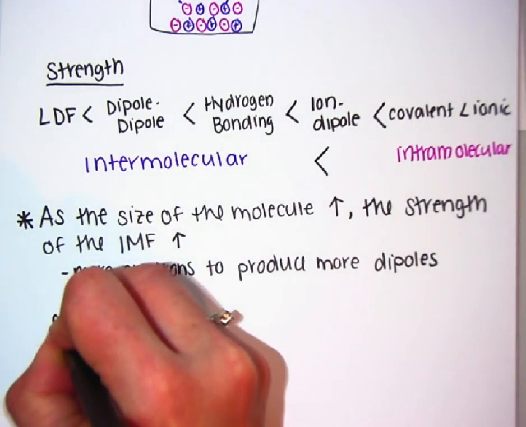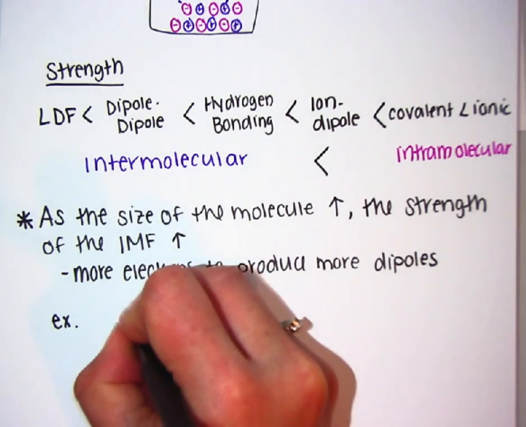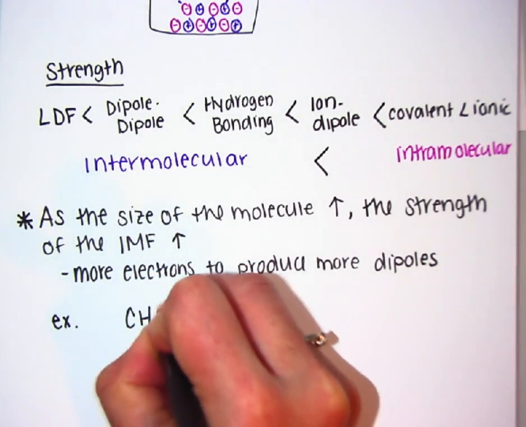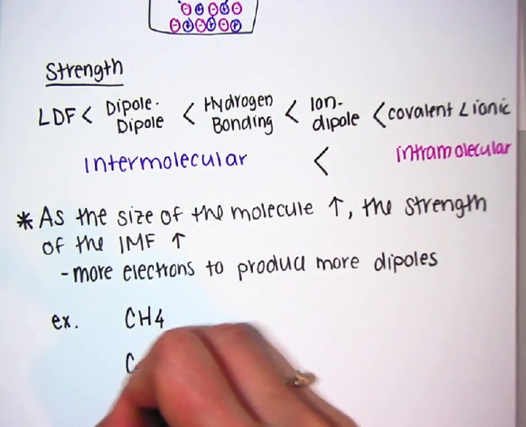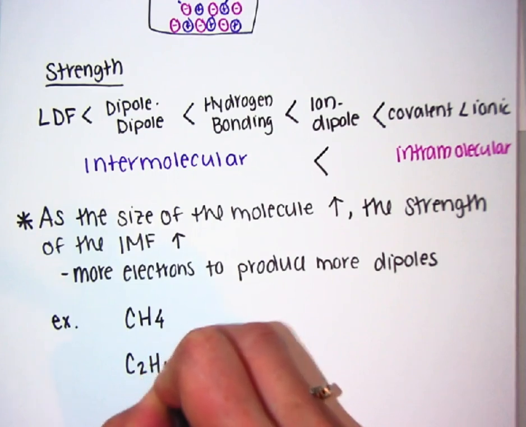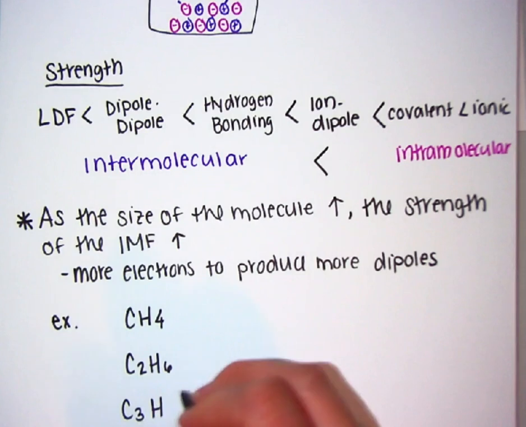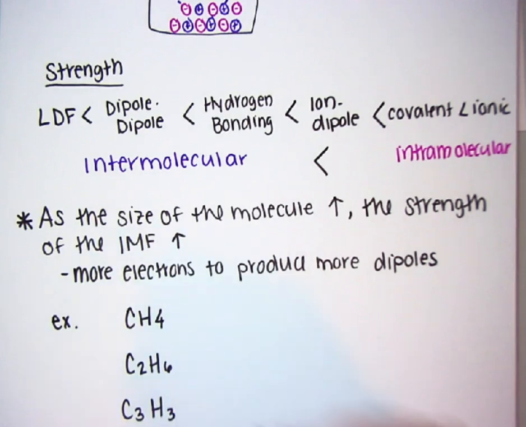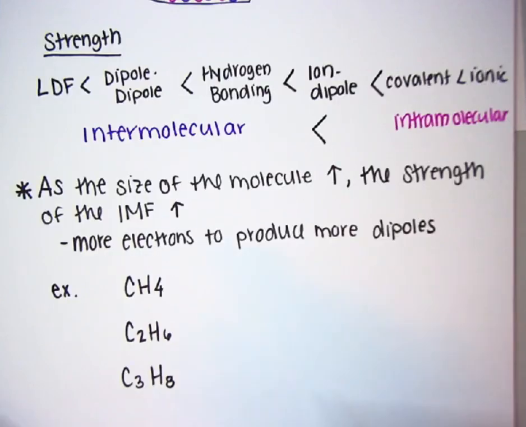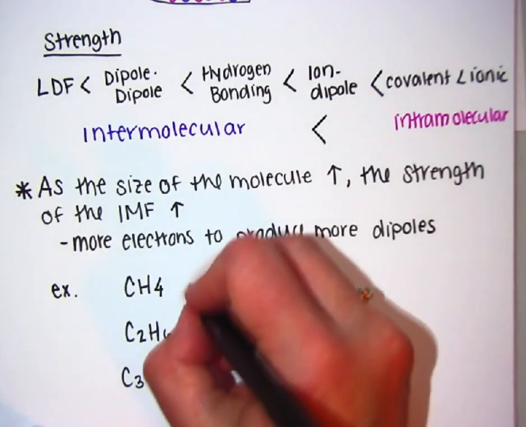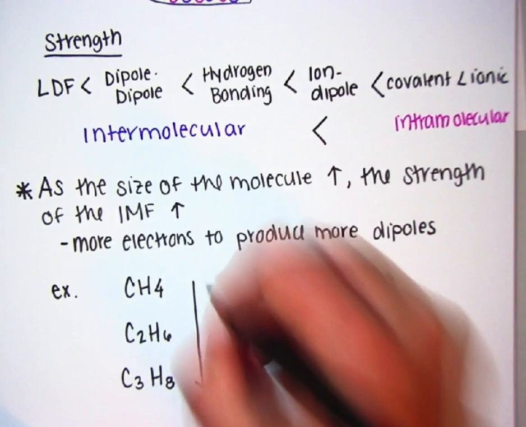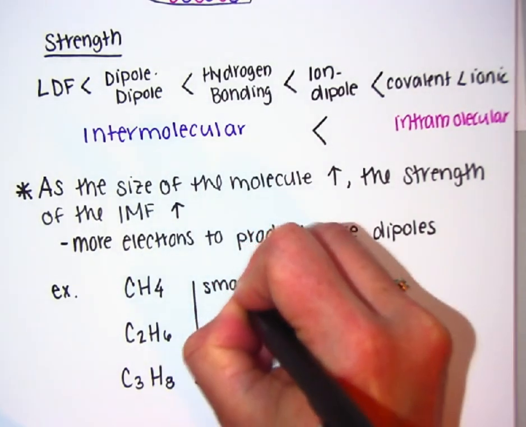So for example, let's say I had methane, ethane, and propane. So as I go down, the size increases.